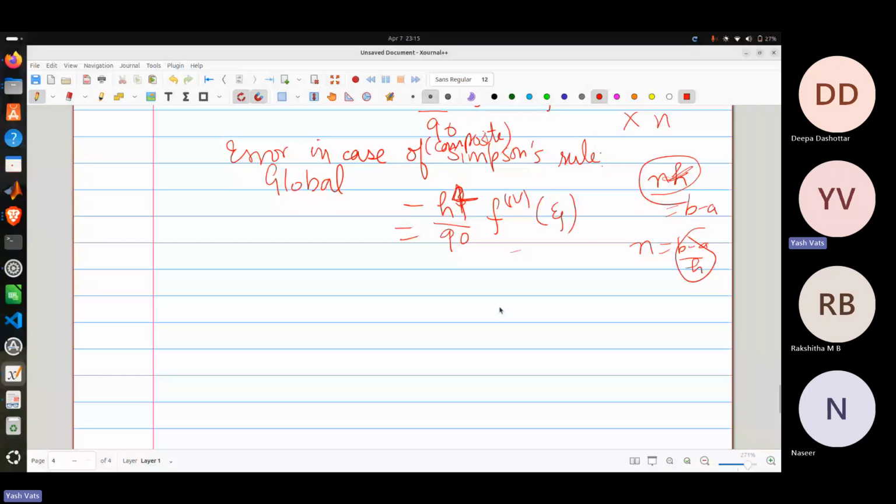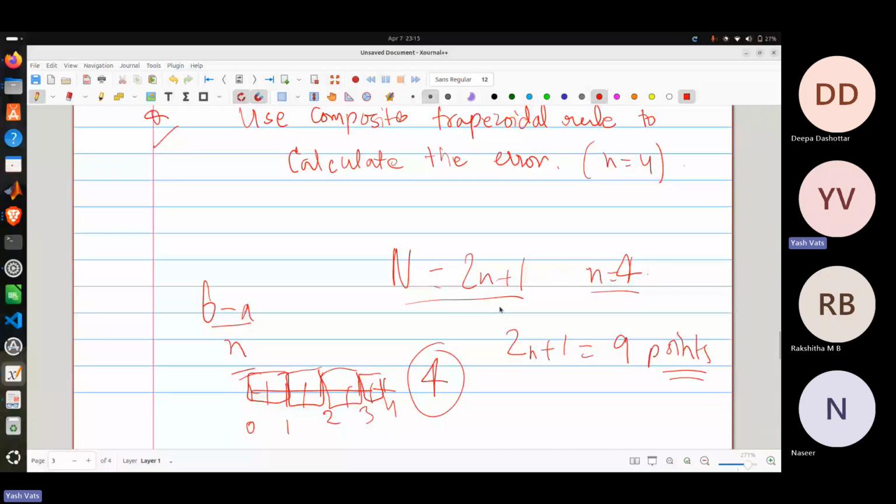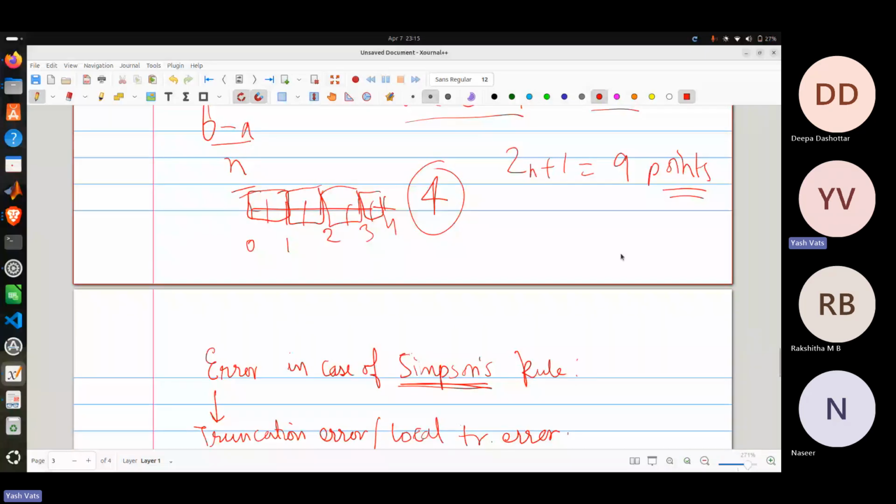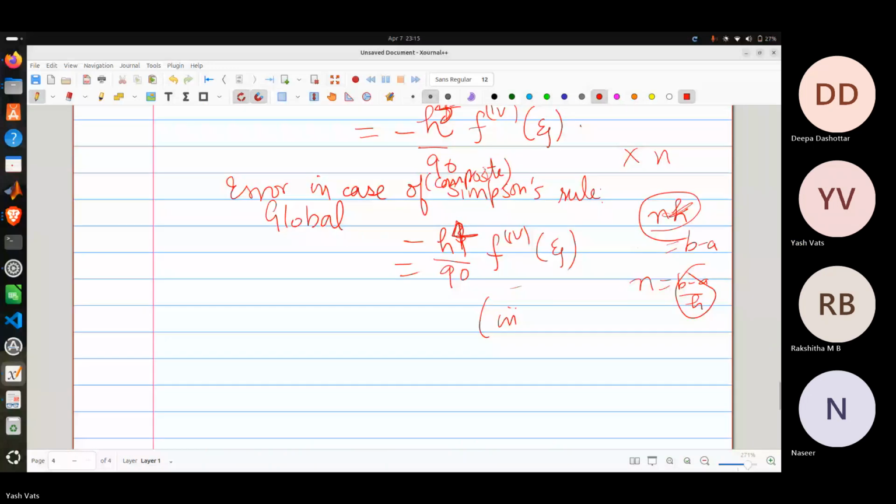So just try to calculate the fourth derivative of this function. This is your f. Calculate up to the fourth derivative and try to find the error formula in terms of ξ.